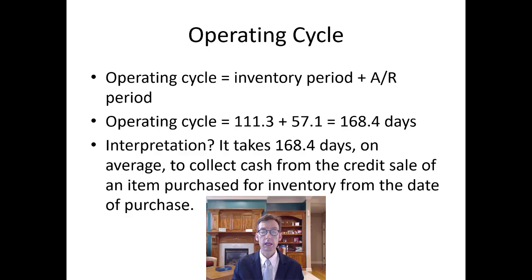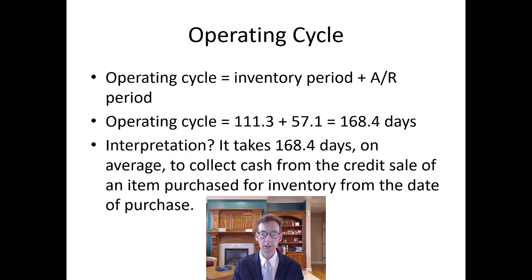And so now we are able to calculate our operating cycle. All we're going to do is take that inventory period and add the AR period. And that gives us 168.4 days. So what's the interpretation there? It takes 168.4 days on average to collect cash from the credit sale of an item purchased for inventory, from the date of purchase.